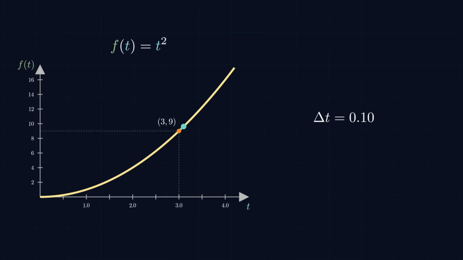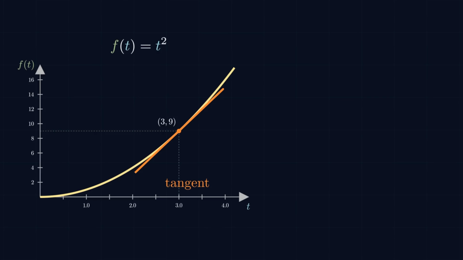But let's move it even closer again, between 3 and 3.01. As the second point gets closer and closer to the first point, the second line starts to settle into one particular direction, and eventually it becomes almost indistinguishable from a line that just touches the curve at that point. This line is called the tangent line. And there we have just discovered the instantaneous rate of change at a given point.